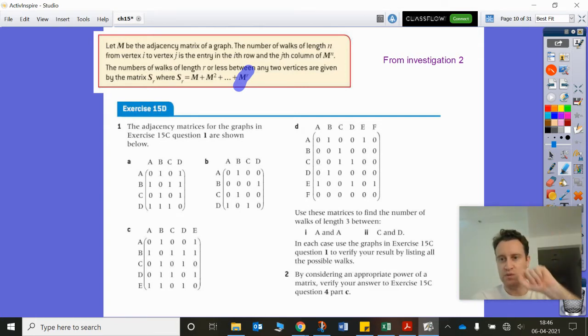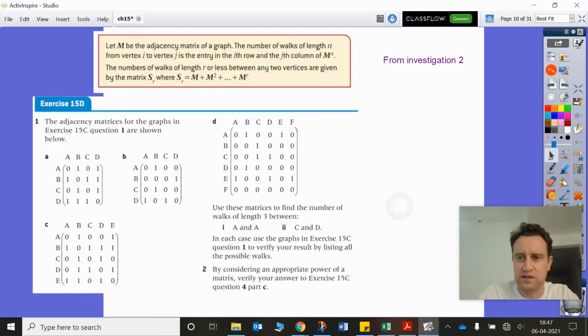The second matrix will tell you all of the walks of length 2 from, for example, A to B. And then all the way up to M^r, which will tell you all of the walks of length r from A to B. Because they're always in the same position in the matrix, when you add those together, you simply add the same position to the same position, and so on. Okay, so let's have a look at one of these questions then.